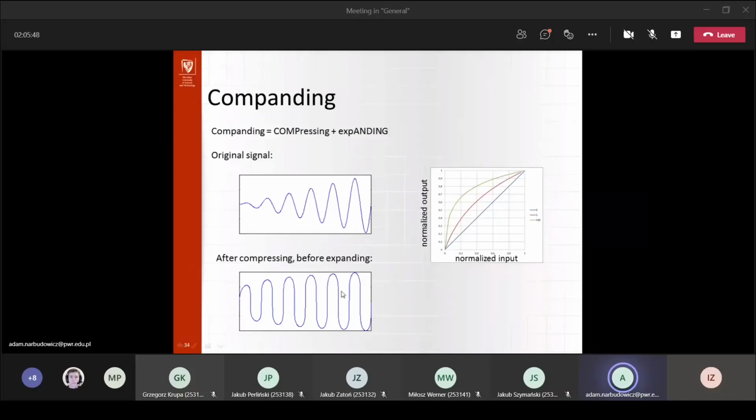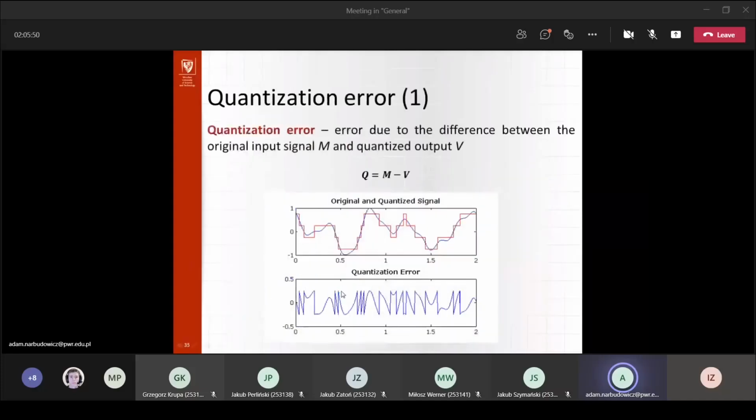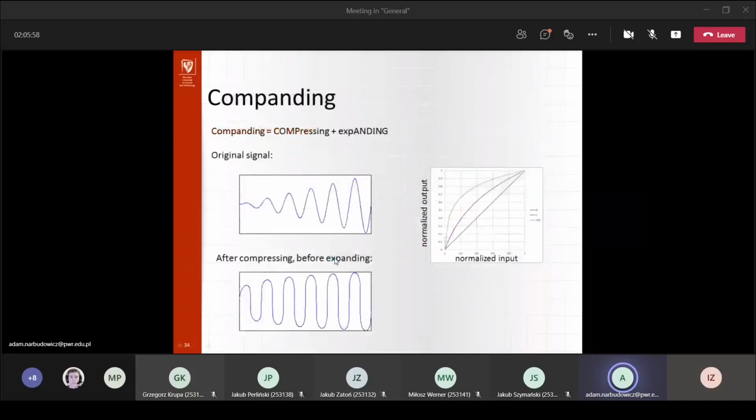So you end up with a function like this. And then when you quantize such a compressed function with a non-uniform quantizer, you may better capture the properties of the signal that you want.